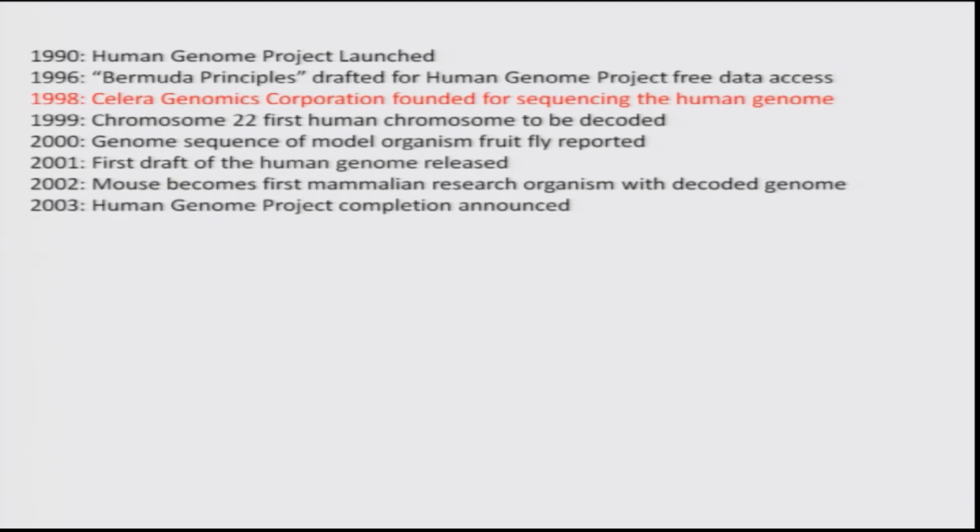Finally, they went into many other disciplines which could have commercial applications. In 1999, chromosome 22, the first human chromosome, was decoded, and model system genomes have come. In 2001, the first draft of the human genome was released, and in 2003 the Human Genome Project was completed.